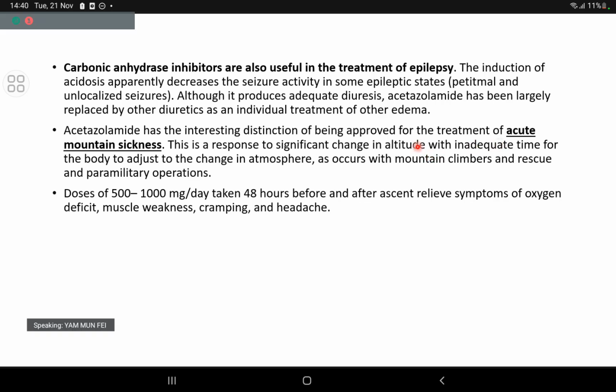Once you change so fast, your body does not have enough time to adapt to the environment. So you might have acute mountain sickness, and you can use this drug to treat it.